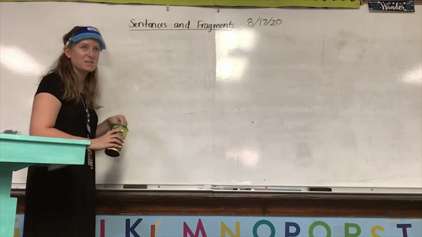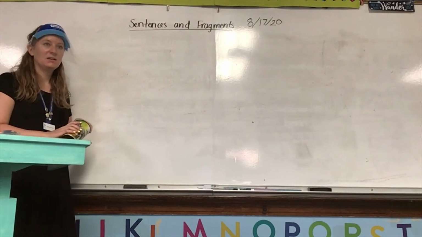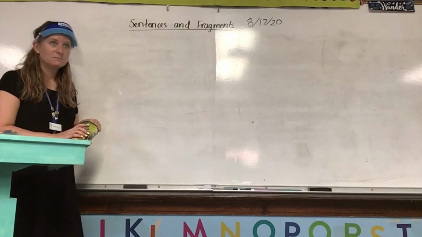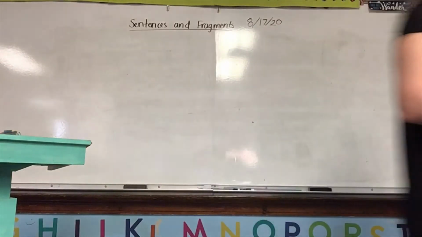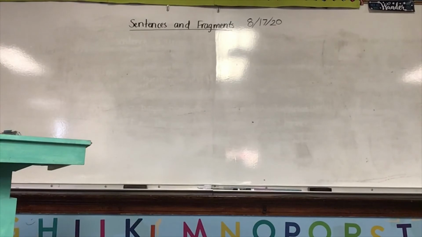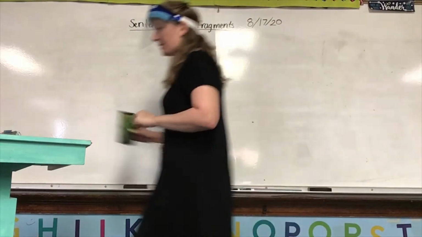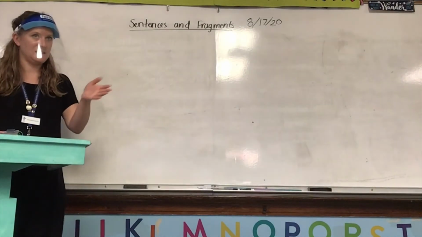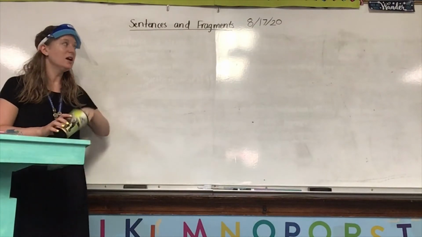What does it say in parentheses right next to it? Has a subject. What does it say right after? Who or what the sentence is about. Good. So we have a subject.